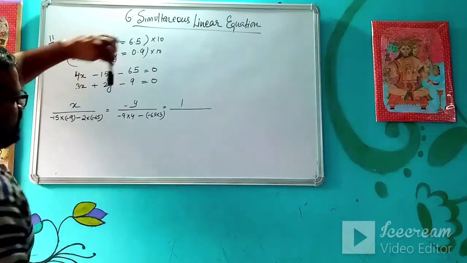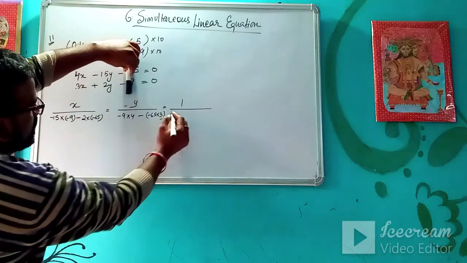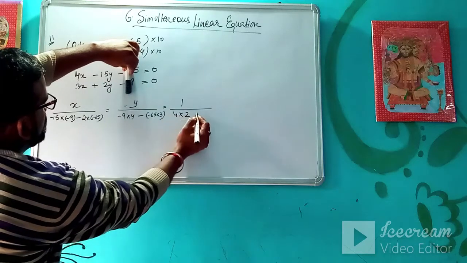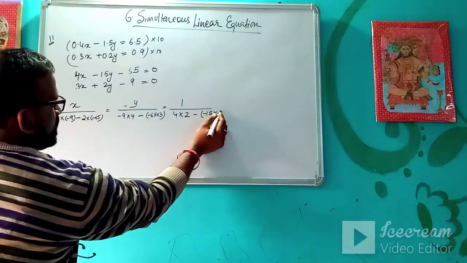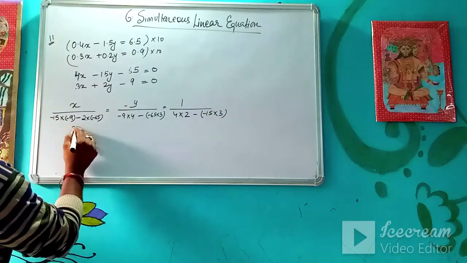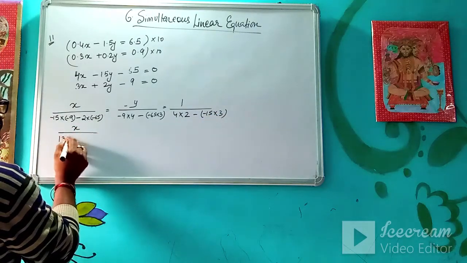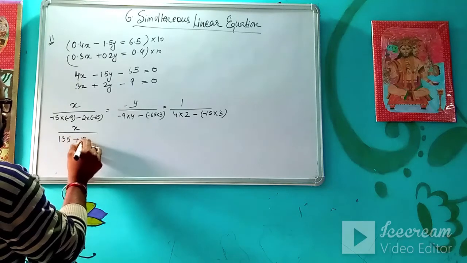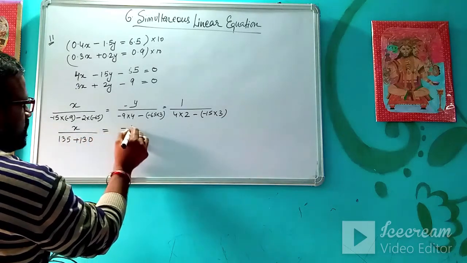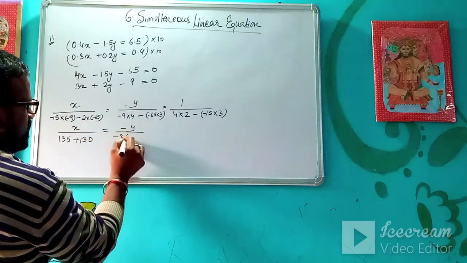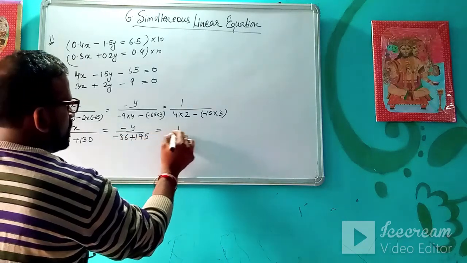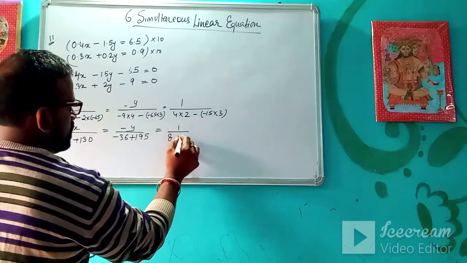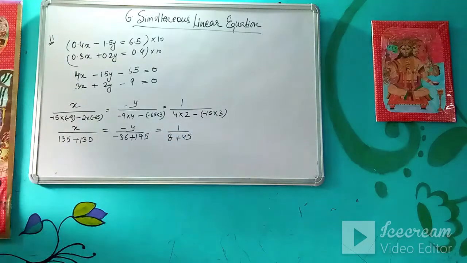Then after hiding this constant, what you will get? 4 into 2 minus 15 into 3. So this is 135 plus 130, minus 36 plus 195, 8 plus 45.